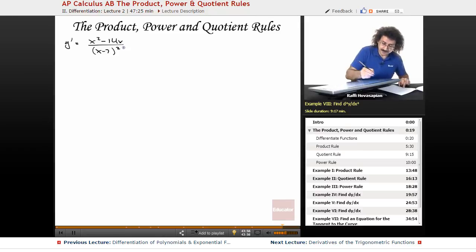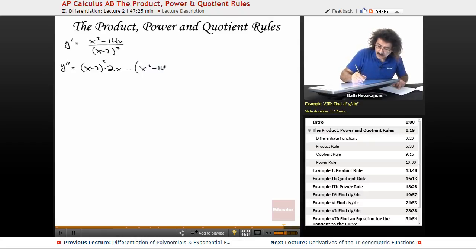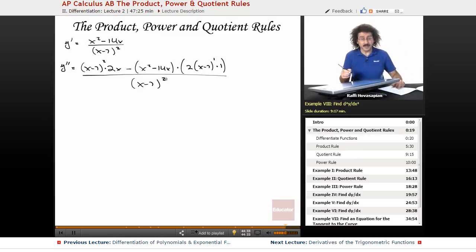So y double prime equals this, x minus 7 squared, times the derivative of this, which is 2x, minus that, x squared minus 14x, times the derivative of this, which is 2 times x minus 7 to the 1 power times the derivative of what's inside, which is 1, over x minus 7 squared.